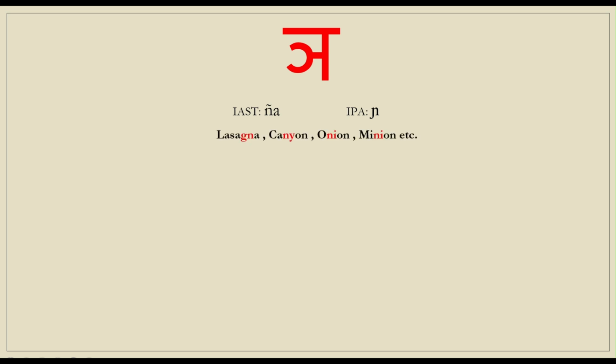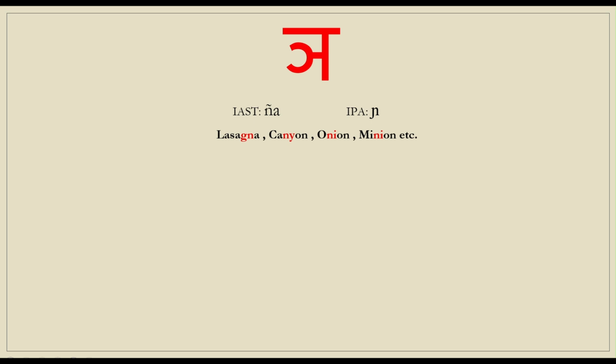Our last consonant of the palatal group is the nasal consonant, that is nya, represented in IAST with n having a tilde above it followed by an a. And this consonant is very present in English, so words like lasagna, canyon, onion, minion, etc. In Sanskrit, nya always acts as a consonantal bridge.